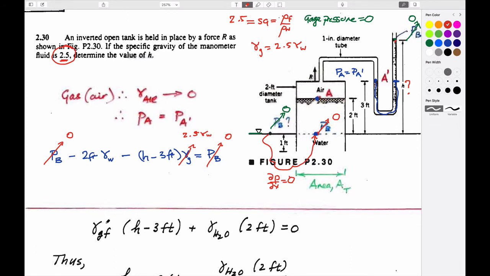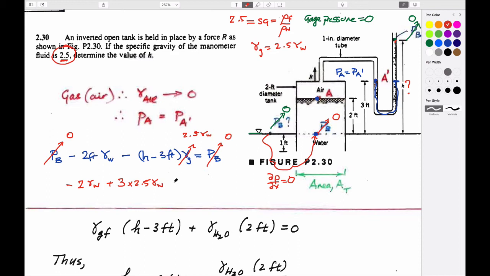And we have an expression which is equal to, what do we want to keep? So we have minus 2 times unit weight of fluid plus 3 times 2.5 times the unit weight of water, which is this term here.